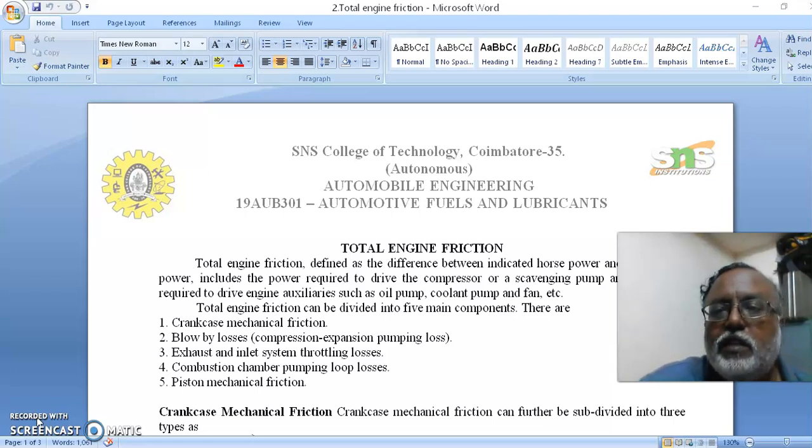Total engine friction. Here in this class we are going to discuss the total engine friction.